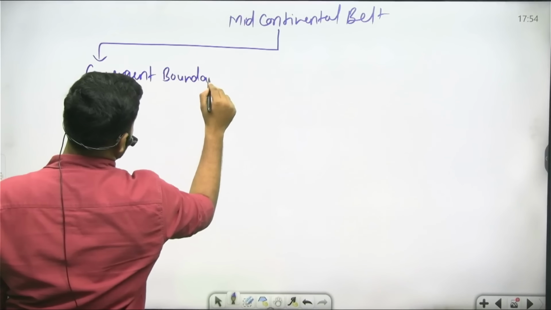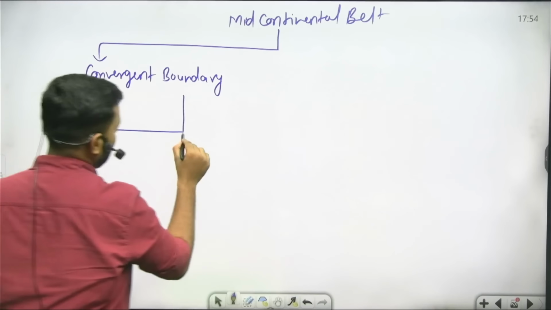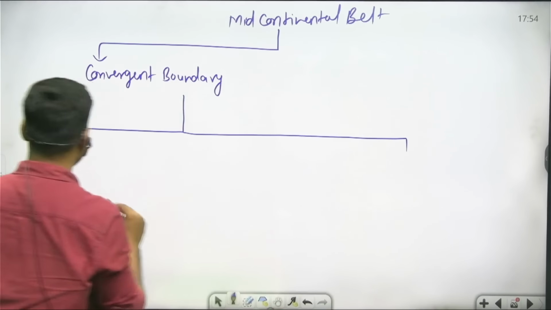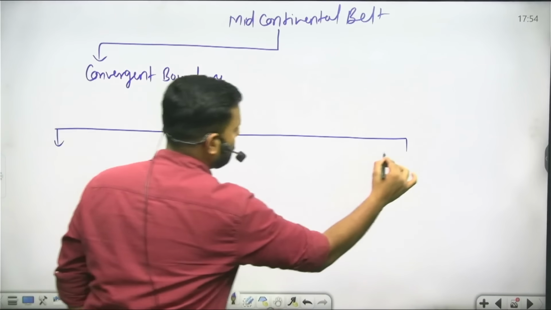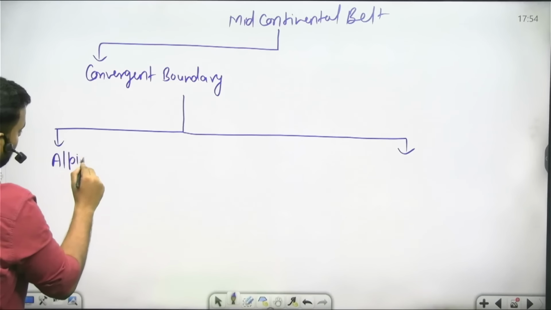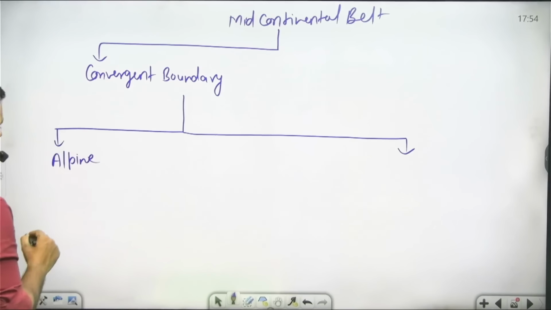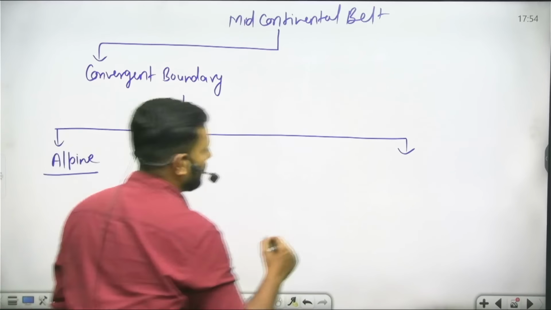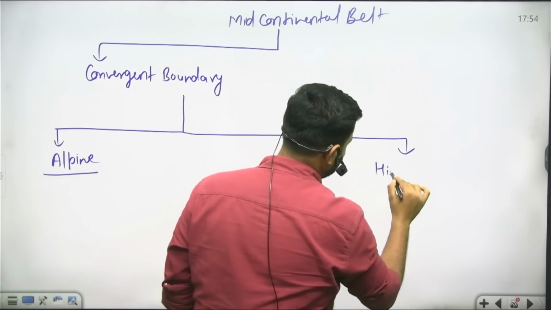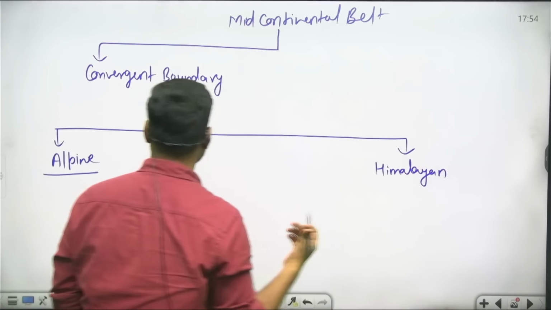Mid continental belt have convergent boundary, but this mid continental belt is further divided into two parts. One is the alpine plate boundary या alpine areas, or the second one is the Himalayan areas, and here is the plate convergence.